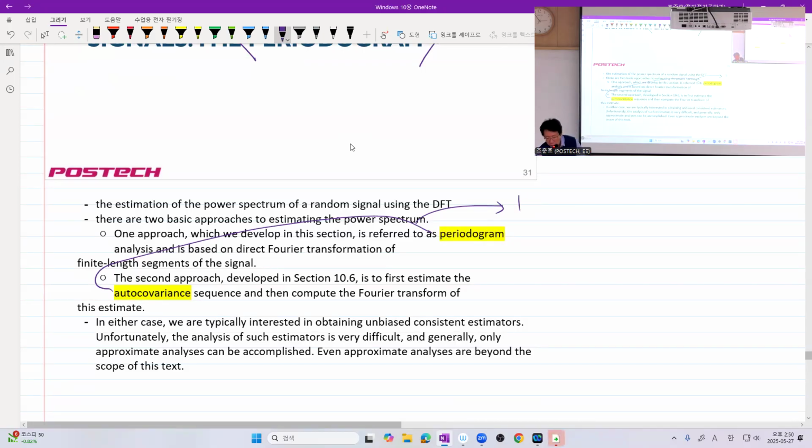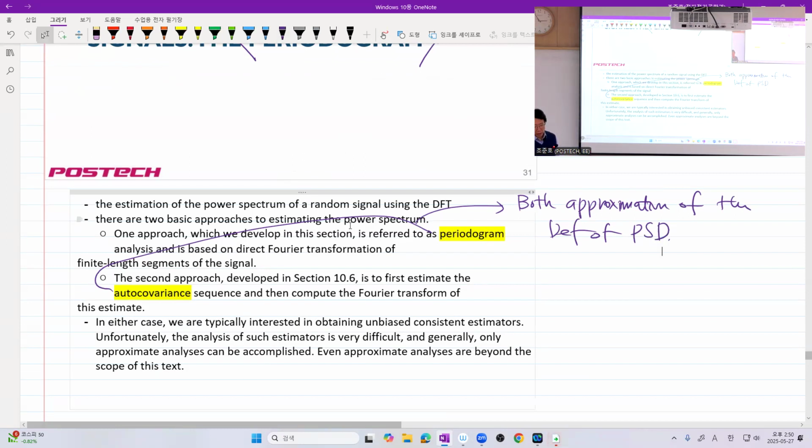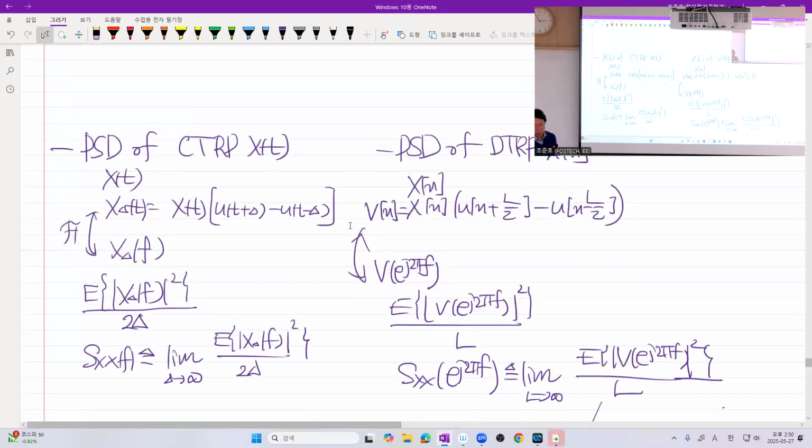So they are both approximations of the definition of PSD, power spectral density of a random process. The problem is that you don't know, or you may have forgotten, what the power spectrum is.